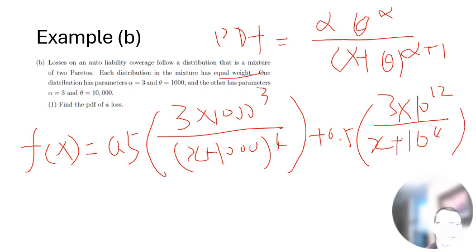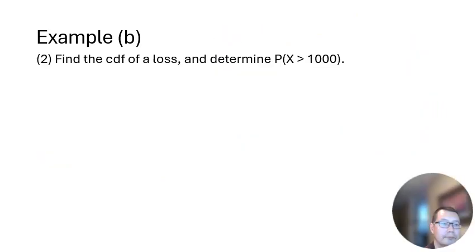So this is the PDF of the loss. The second question for this example B: find the CDF of a loss and determine the probability x greater than 1000. First, we still need to review the Fx for the Pareto distribution.